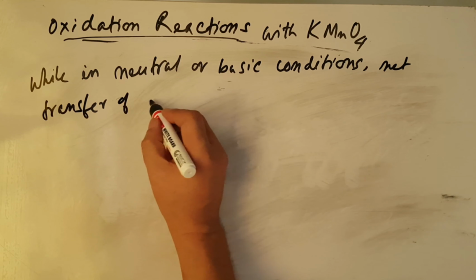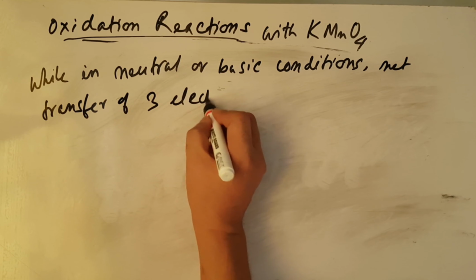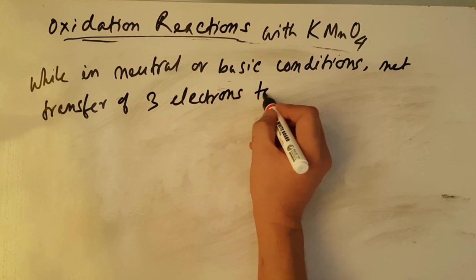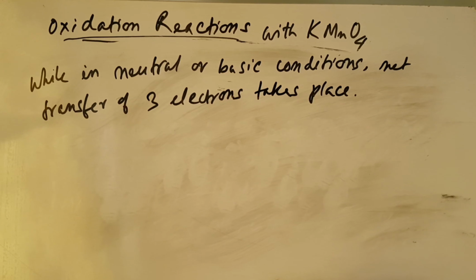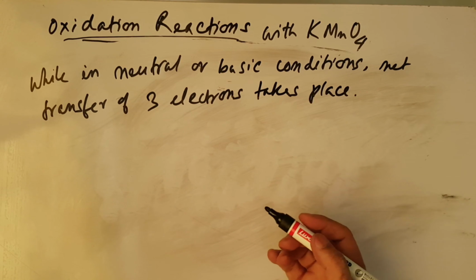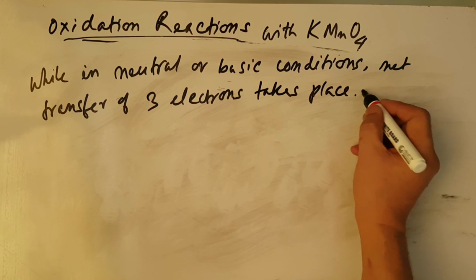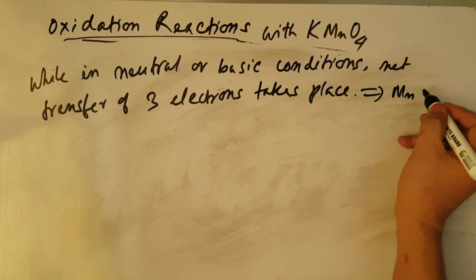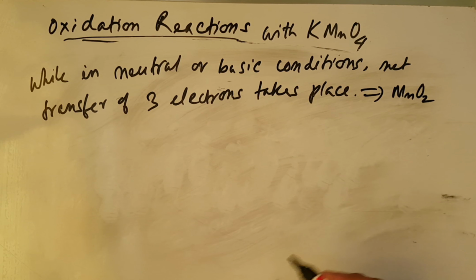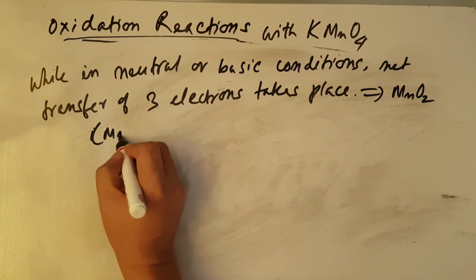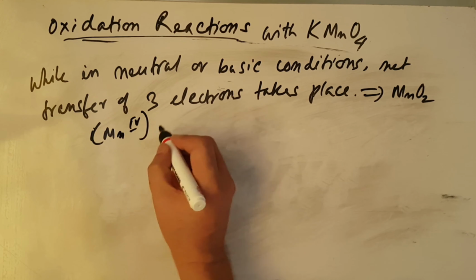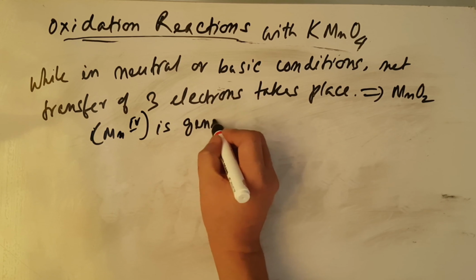More generally, potassium permanganate in basic or neutral conditions usually gives manganese dioxide. Manganese dioxide is Mn 4, and it is generally formed.